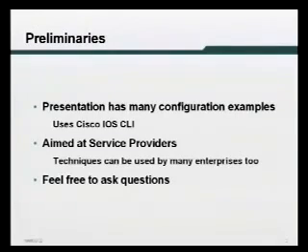I've put configuration examples in there because a lot of the people who sit through the tutorials here at NANOG and in other operator forums around the world find it quite useful to compare what's put up here as a real live working example versus what they've actually got on their own routers. So the configuration examples are here. Hopefully they are of some use as well.